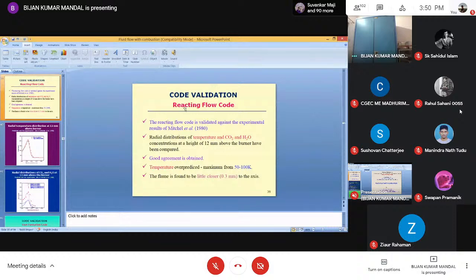But the results should follow the experimental results, at least qualitatively and sometimes quantitatively. In numerical studies, maybe 10% variation is allowable, but the trend should be the same. That's why this is validated with the experimental results available by Beecher et al.